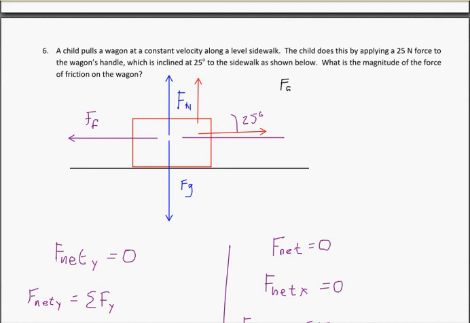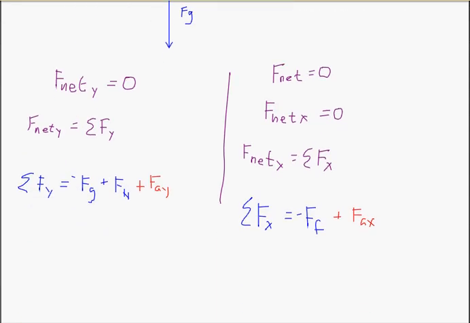Now remember, just to be specific, this one asks: what is the magnitude of the force of friction on the wagon? Now, what axis is the force of friction on? It's on the x-axis. So that means this is the only side we care about. We only care about the x side. The y side, guys, just ignore it. Focus on the x side. So we have this.